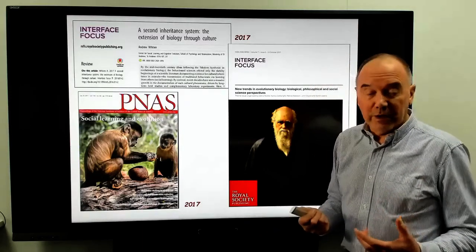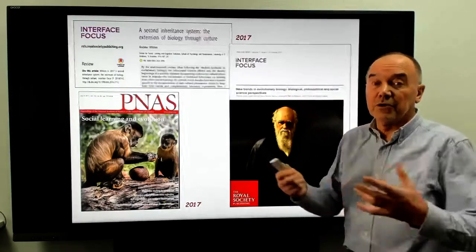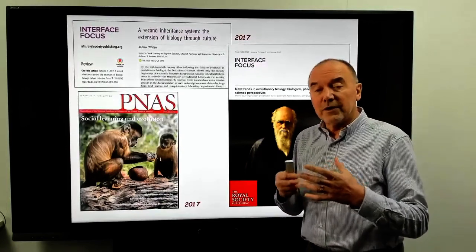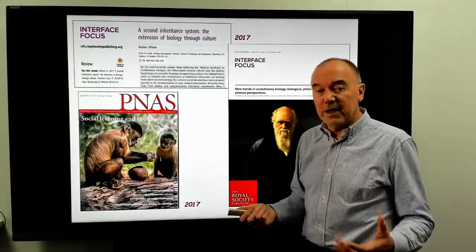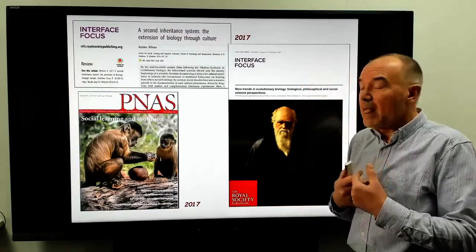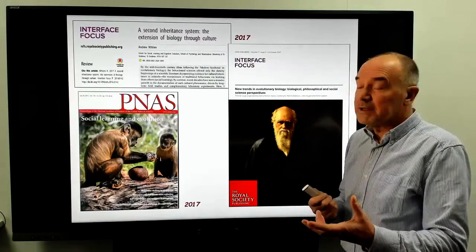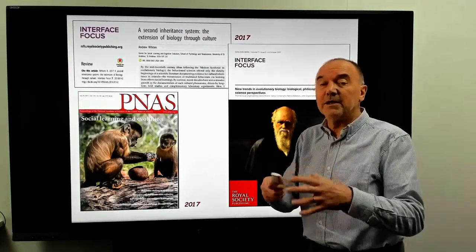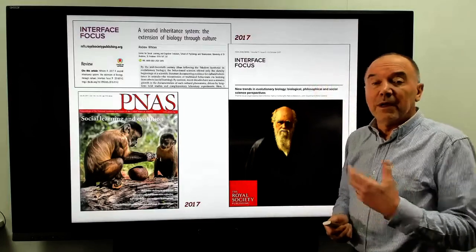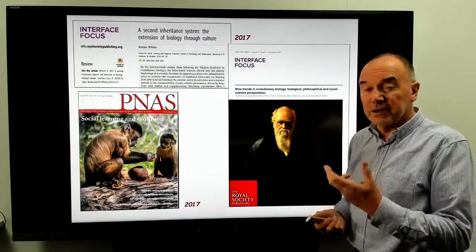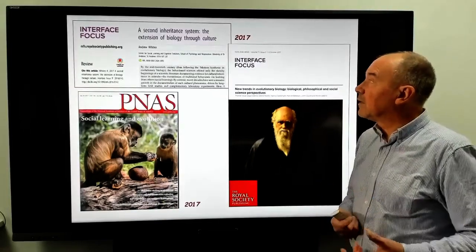The primary inheritance system, of course, across all life, refers to genes, to DNA, and the second inheritance system that is built on the back of that in at least some animals is social learning and the existence of traditions and cultures that follow.